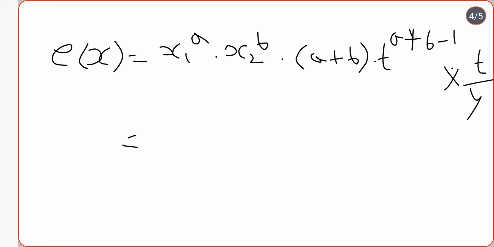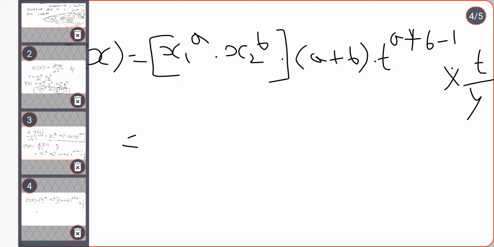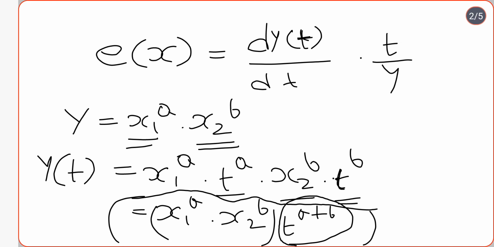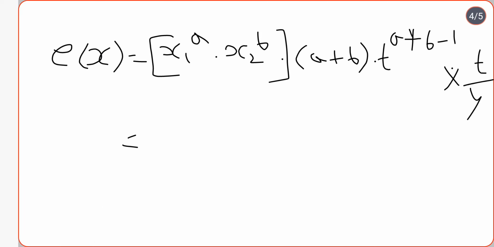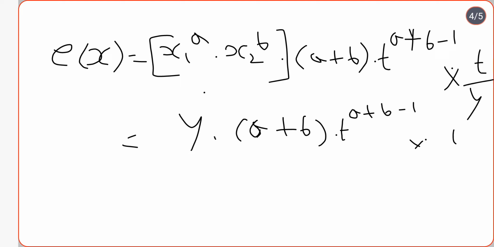Now as you can see, this part is basically y. Why is this part y? Because the actual function is y is equal to x1 to the power a into x2 to the power b. So we may write y into a plus b into t to the power a plus b minus 1 into t by y.